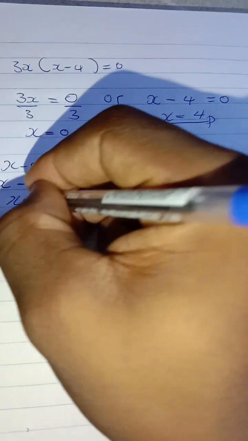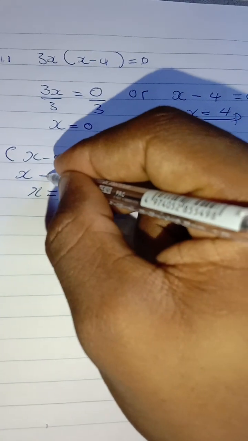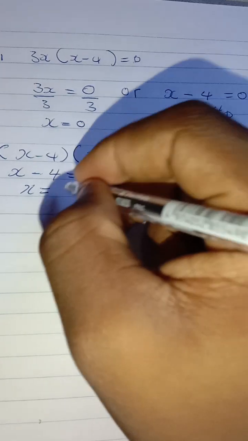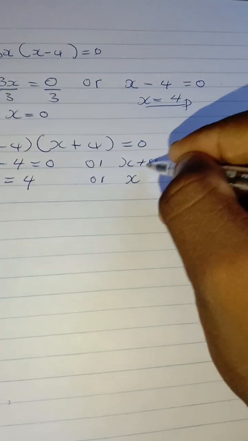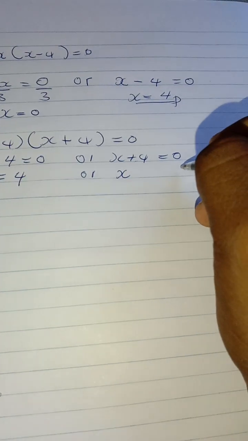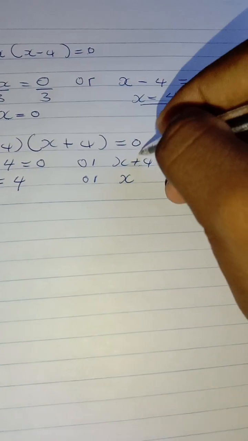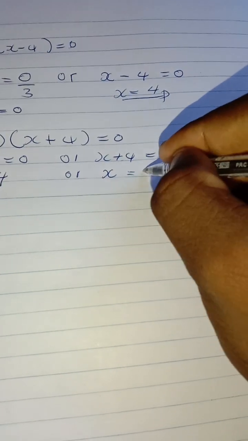Then x is equal to 4, because it's negative this side, so we transpose it. Or x, because it's positive this side, you transpose it, you make it jump, it's going to be -4. And then you are done.